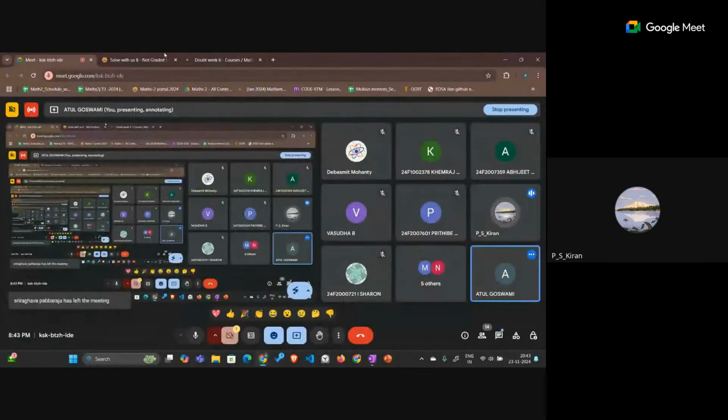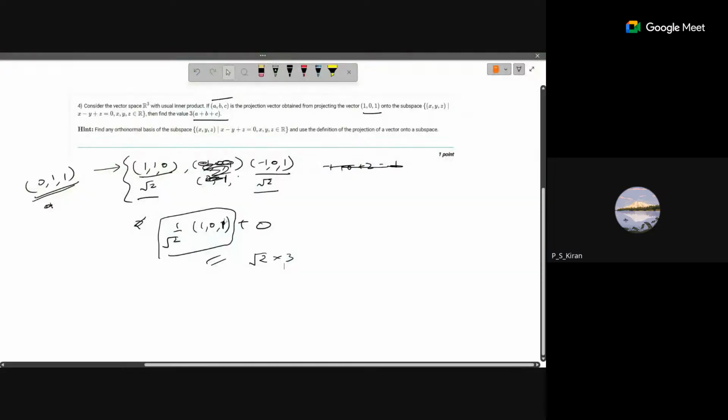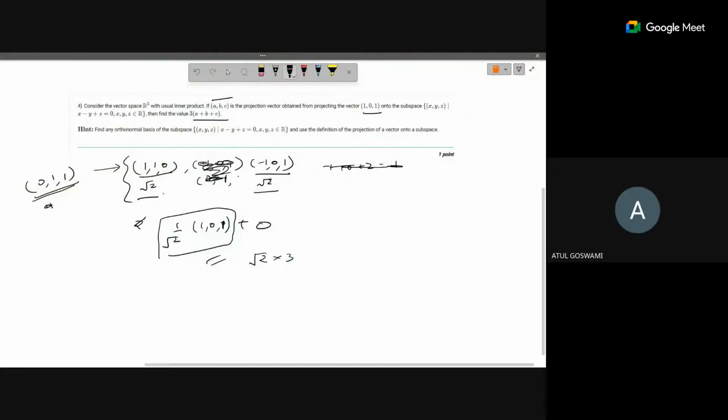Sir, a basis vector is 0 1 1. These are basis vectors of the subspace I'm talking about, right? 1 1 0 is not a basis vector. I got 0 1 1, and 1 minus 1 0.